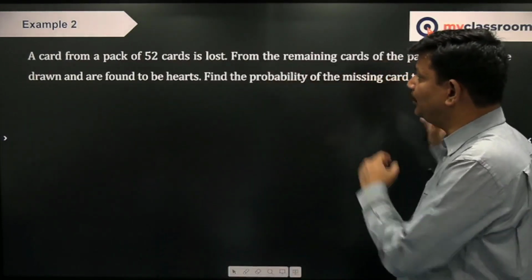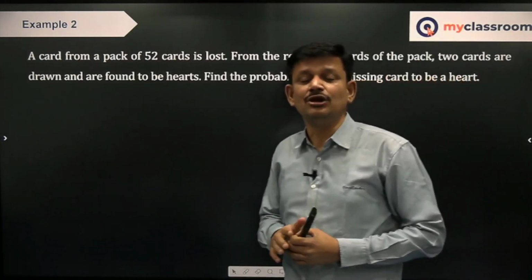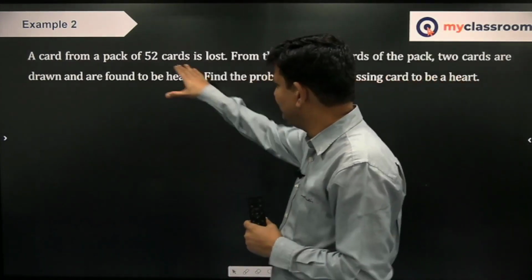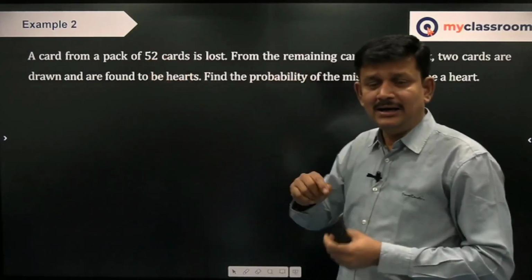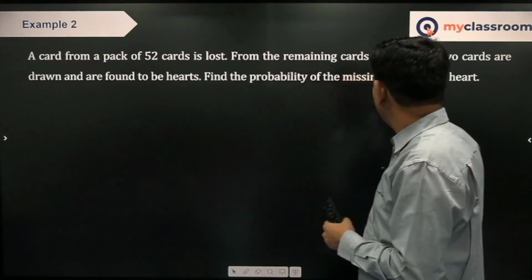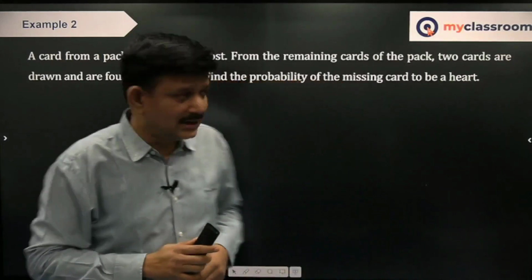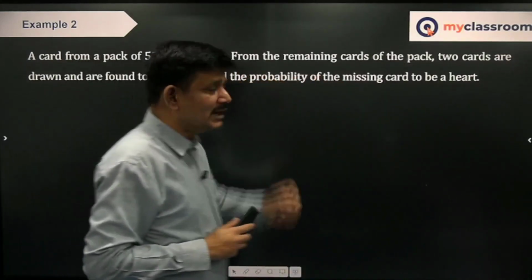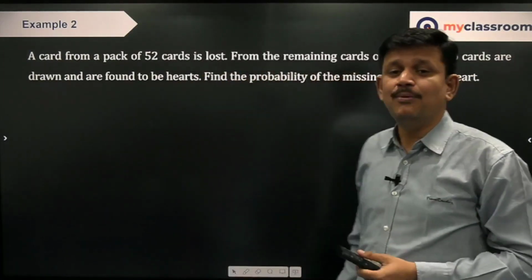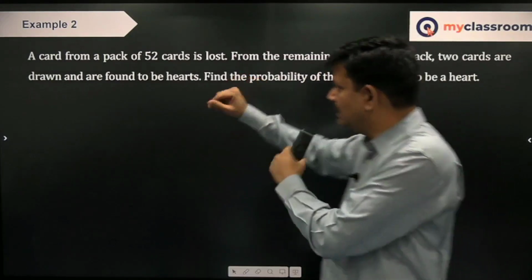A card from a pack of 52 cards is lost. A pack of well shuffled cards will have 52 cards in it, and one card is lost. You don't know what it is. From the remaining 51 cards, 2 cards are selected at random and both of them are found to be hearts.